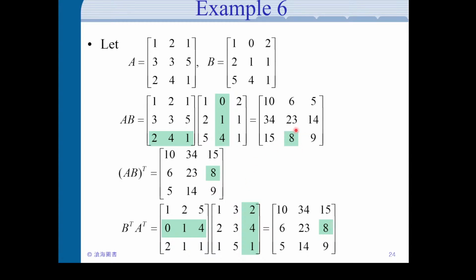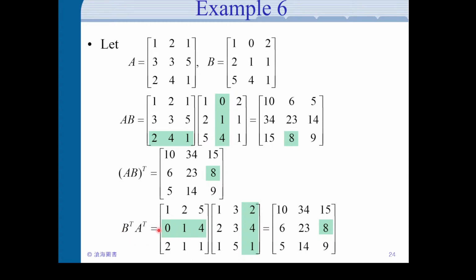So this 3-2 element corresponds to this 2-3 element, and this 8 will be the second row of B transpose multiplied by the third column of A transpose.